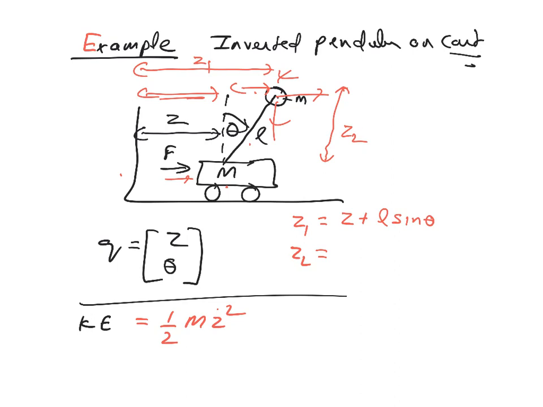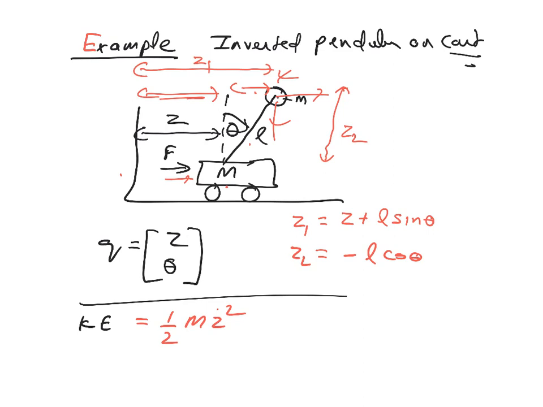We'll say north, east, down. North is positive, east is positive, and down is towards the gravity. So when an aircraft is flying at an altitude of 300 meters, that will show minus 300. That's the convention we can apply here. So z2 will be L cos theta.